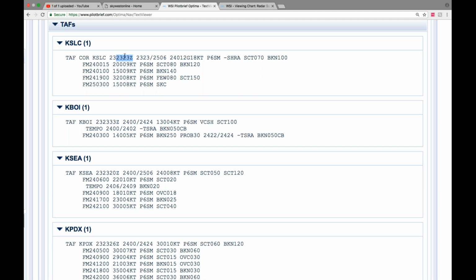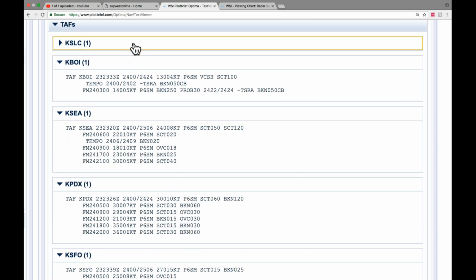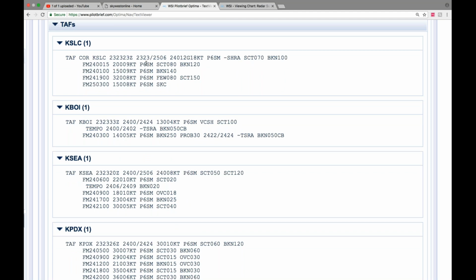So yeah, just remember, issued 4 times a day, 6Z, 12Z, 18Z, and 24/0Z. So you can see here, they don't always issue them right at 2400 Zulu.